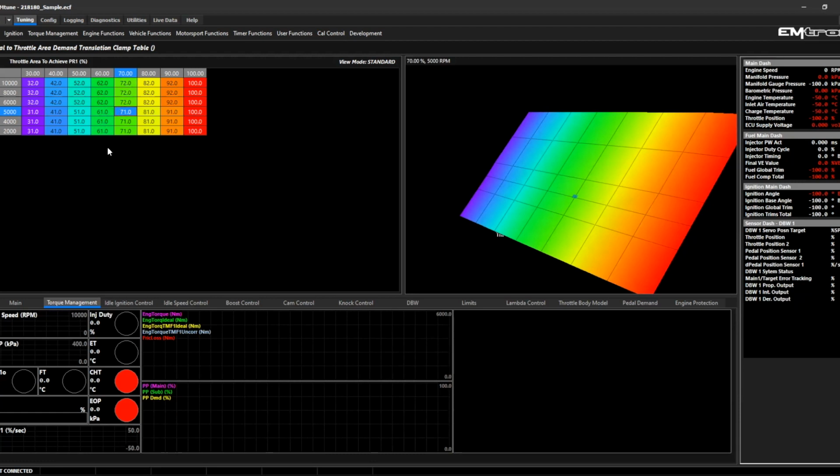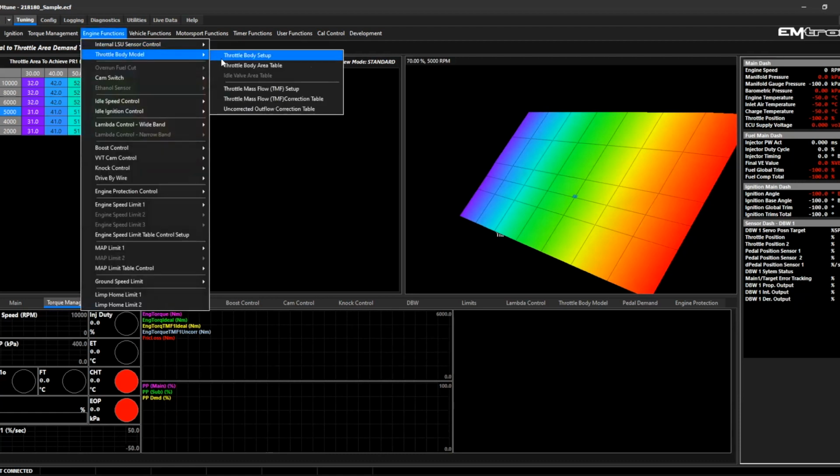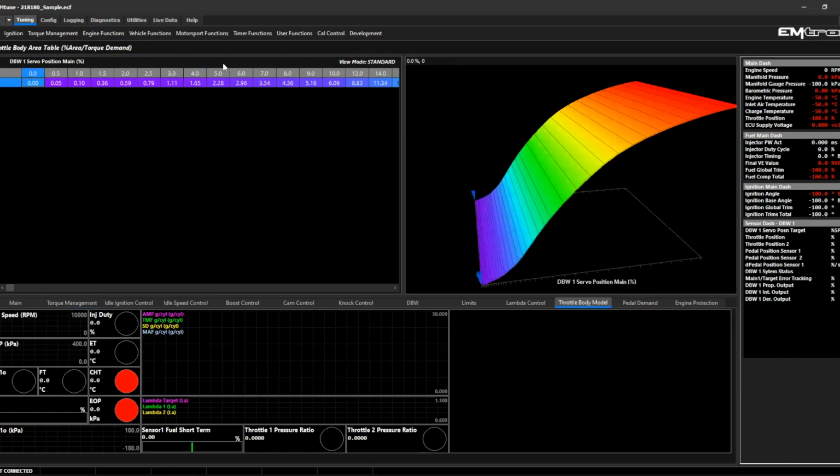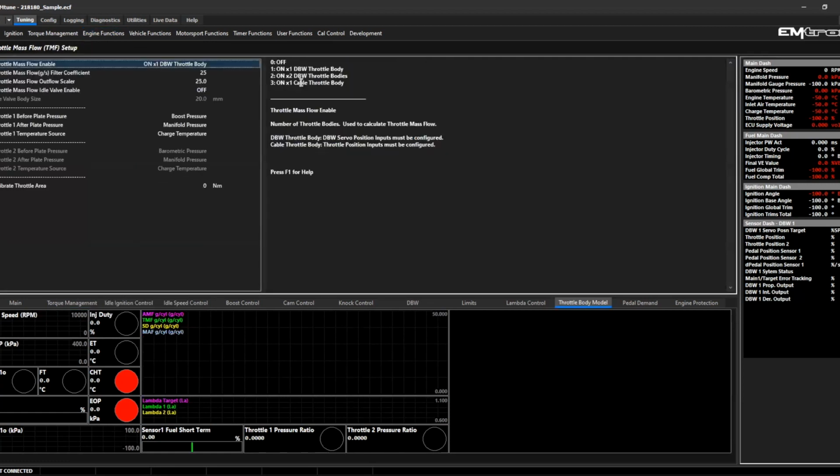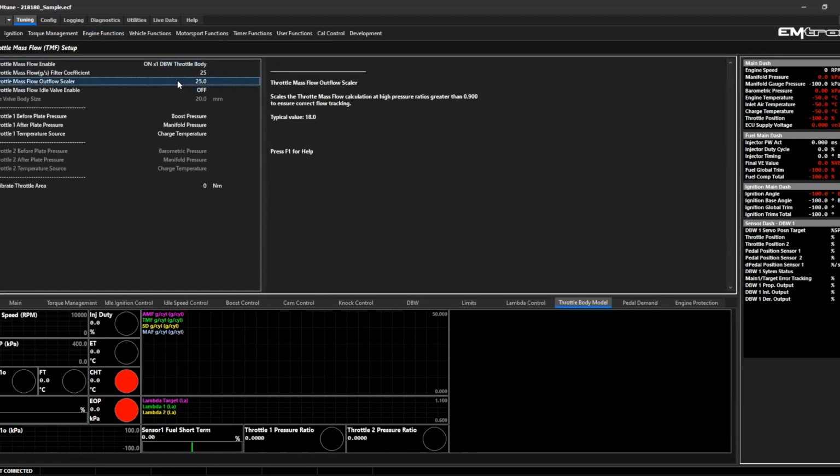If you don't, you have one of two issues. One is that your throttle body area table is incorrectly entered, meaning you don't have the correct throttle area for a given plate position, or the outflow scalar is incorrect. That's easy to check, because whether you have too little plate or too much plate for your pressure ratio of 1 will be a function of this number being too high or too low.